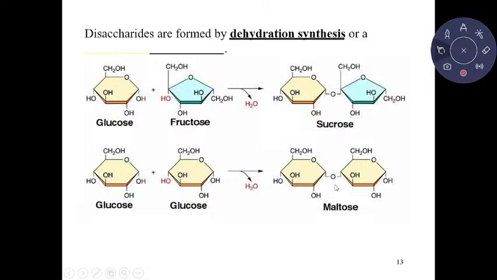It is formed from starch. It is found in the germination of cereals. In germinating cereals, we can see maltose sugar.